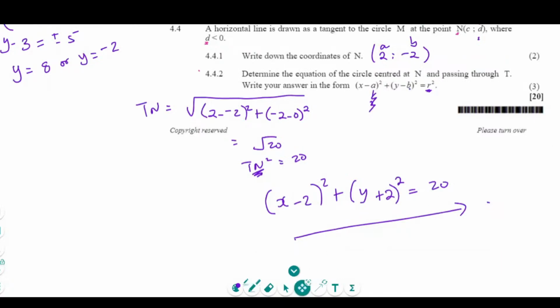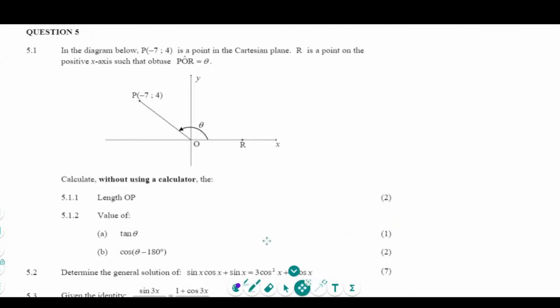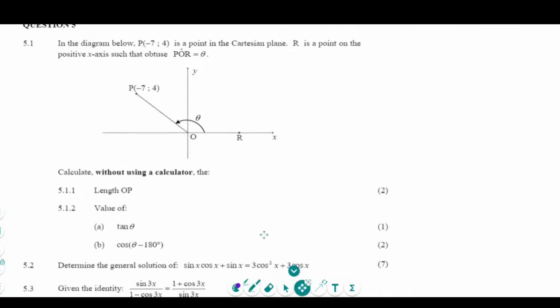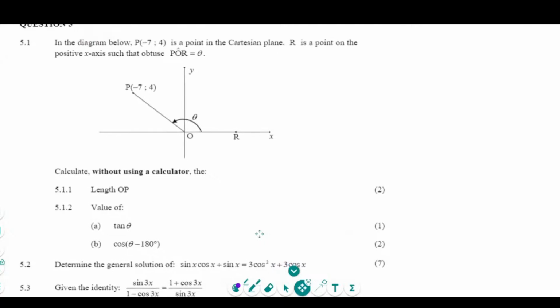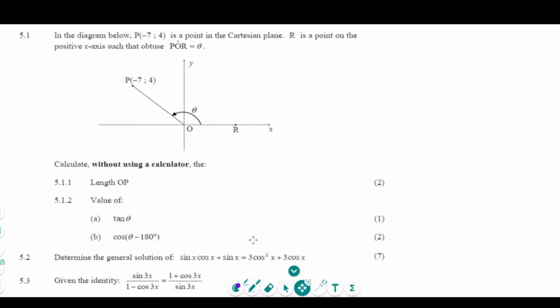Then we move on. Question number 5, trigonometry. With this trig, there's quite a lot that people need to remember: basics, identities, reduction, and so on. 5.1. They're telling us that in the diagram below, P, which is (-7, 4), is a point on the Cartesian plane.